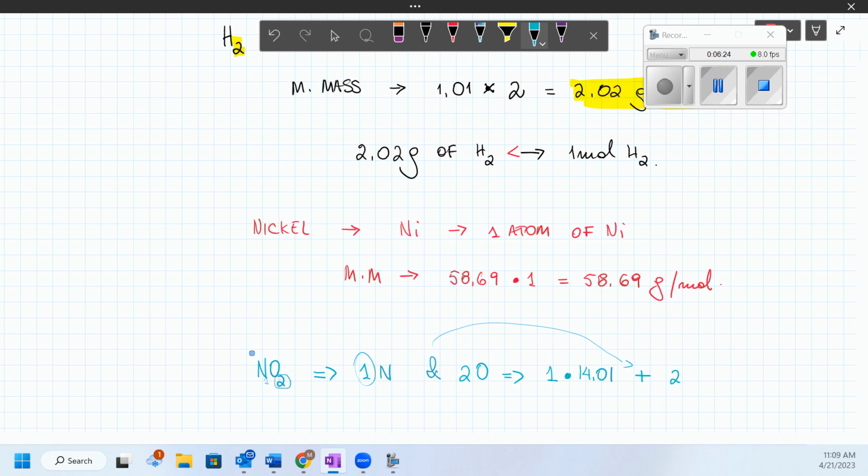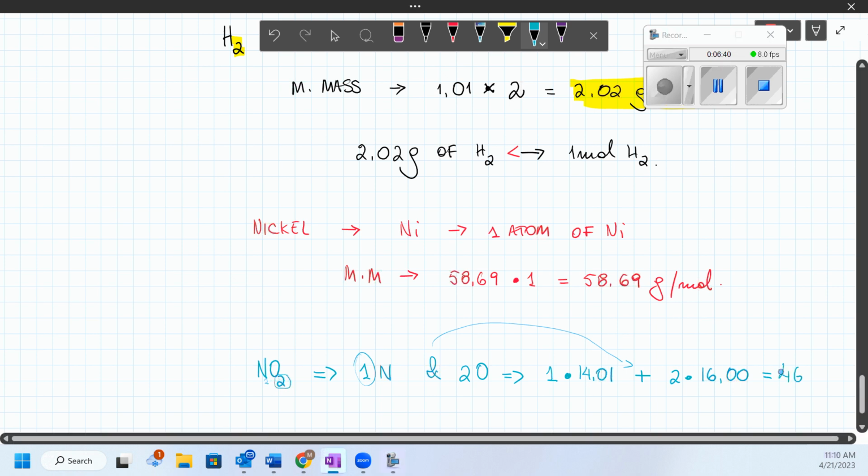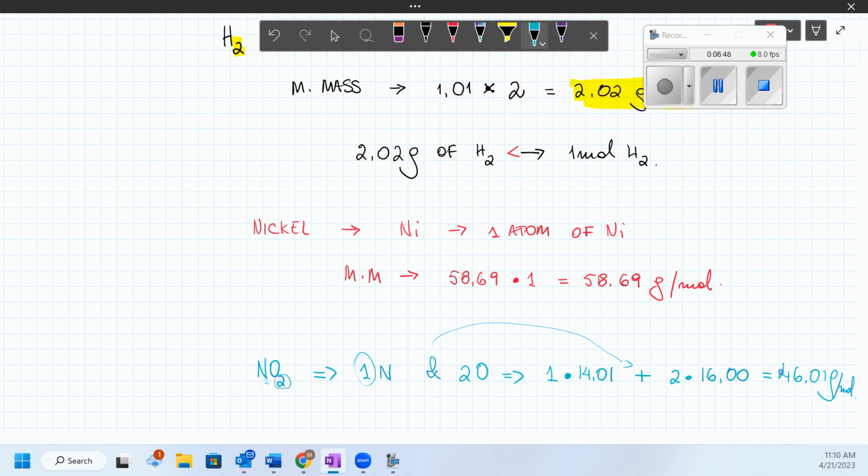2 oxygen that we have times the atomic mass of oxygen, which is 16.00. And then I think that I had a calculator here. 46.01 grams per mole, which means that when you have 46.01 grams of nitrogen dioxide, you have 1 mole of nitrogen dioxide.